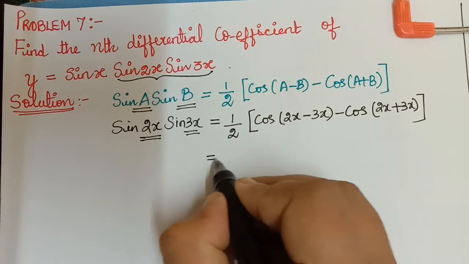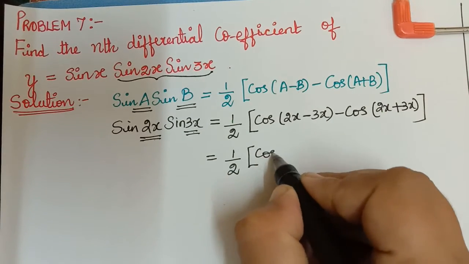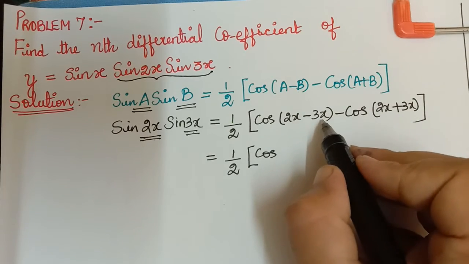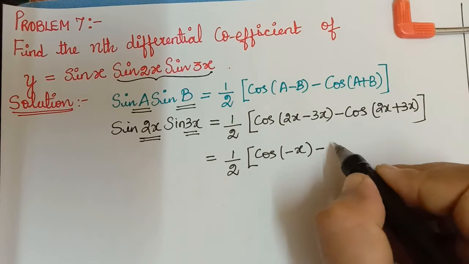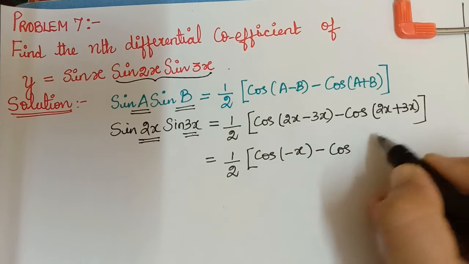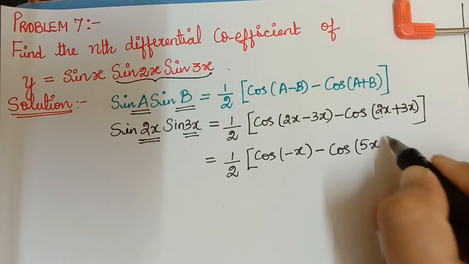When we simplify this, it becomes 1 by 2 of cos of 2x minus 3x, which is minus x, minus cos of 2x plus 3x, which is 5x.